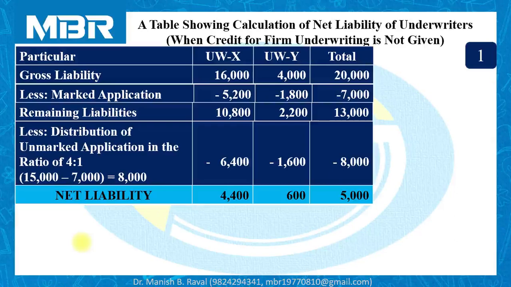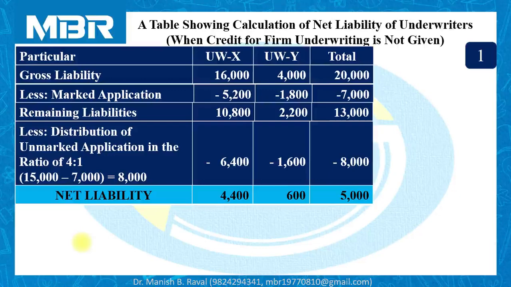But as I said in the beginning of this session, here the case is of firm underwriting, and in addition to the general underwriting, underwriters X and Y have taken firm, that is a confirmed, responsibility for a few numbers of shares.